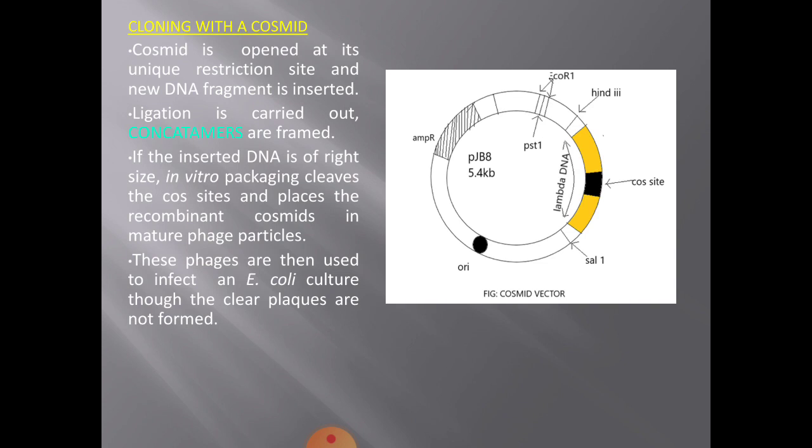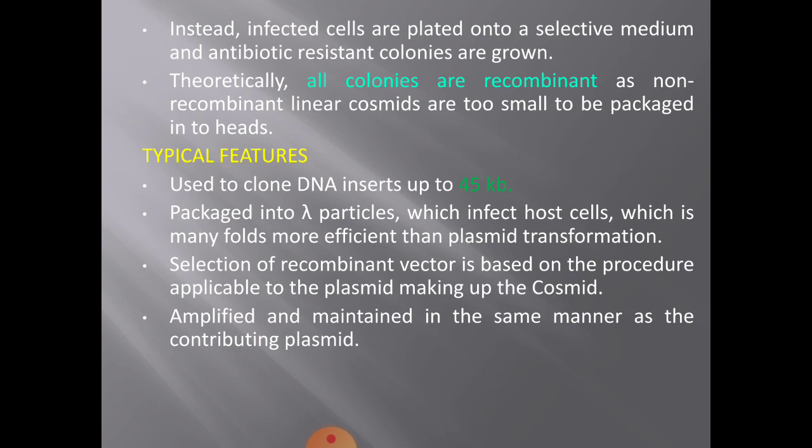Now, if the inserted DNA is of the right size, the in vitro packaging cleaves the cos sites and places the recombinant cosmids in mature phage particles. These phages are then used to infect an E. coli culture. Though we say selection is by clear plaque formation, clear plaques are not formed, so what should we do? Instead, infected cells are plated onto a selective medium and antibiotic resistant colonies are grown.